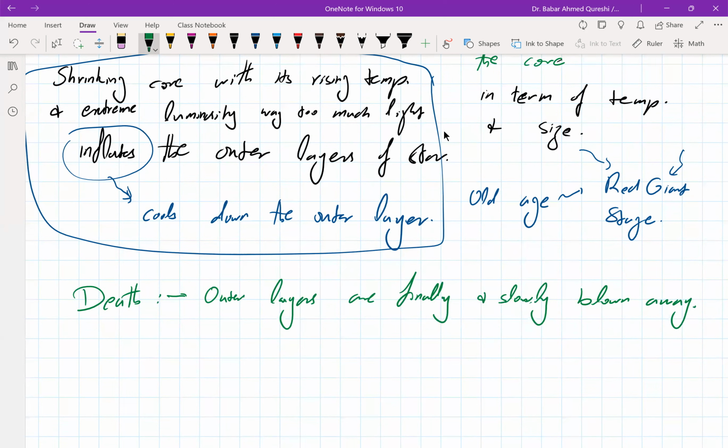Because obviously they have been inflated, so there's not much keeping them together. There's lots of light pressure from inside, so it just blows them out.